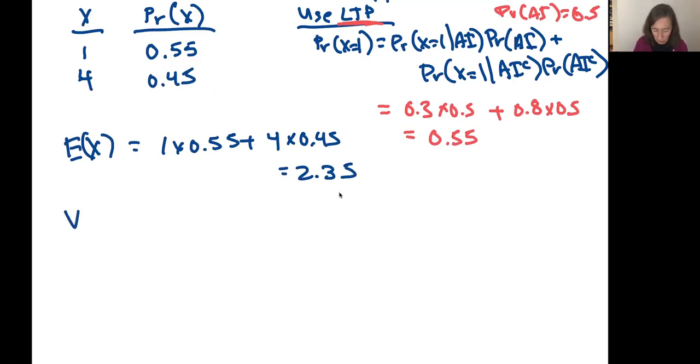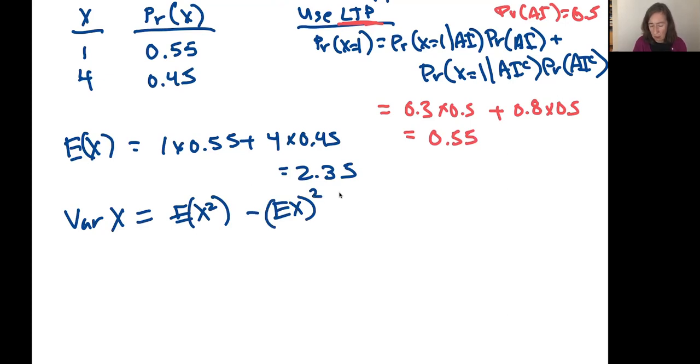And same deal with the variance. Let's just keep going here for the fun of it. The unconditional variance of X is the unconditional expectation of X squared minus the unconditional expectation of X, squared. That is 1 times 1 is 1 times 0.55 plus 4 times 4 is 16 times 0.45.